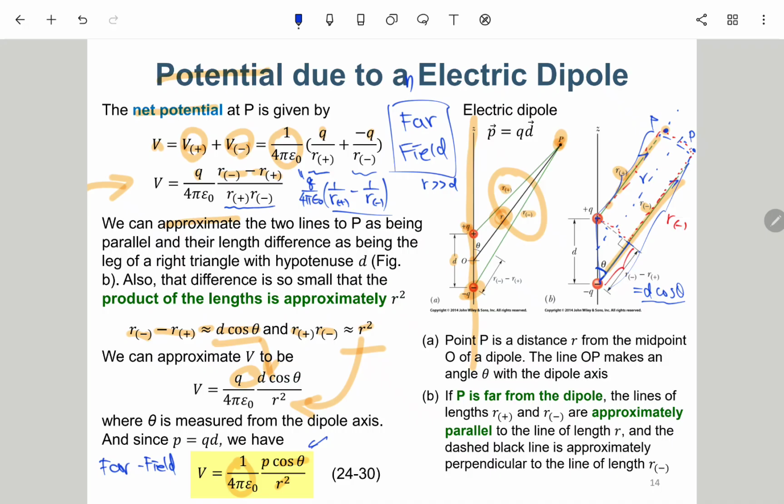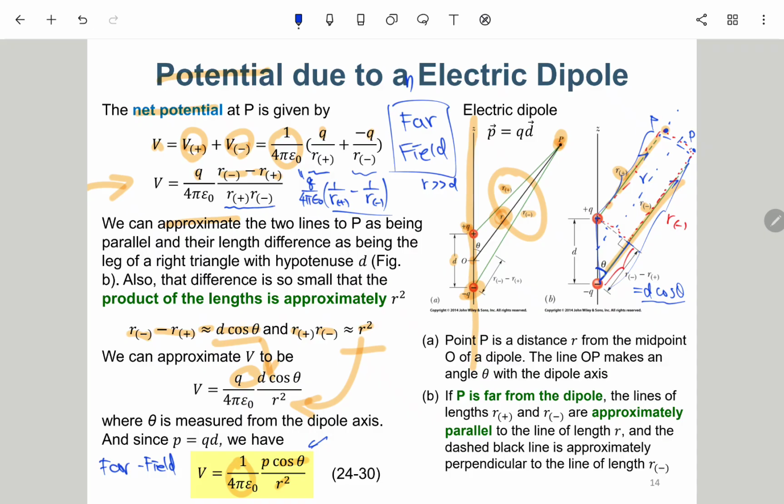It tells you that the potential generated by the antenna is related to the angle. It has cosine theta, where theta means the angle relative to the dipole. So if the dipole is something like this, this direction has the strongest potential, but this direction will have zero potential if it is perpendicular to it.